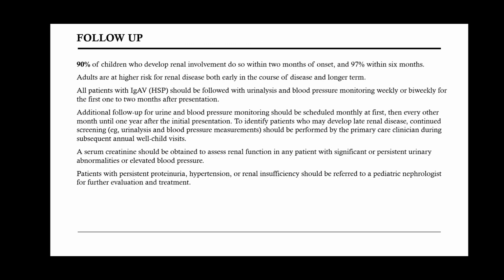Patients with persistent proteinuria, hypertension, or renal insufficiency should be referred to a pediatric nephrologist for further evaluation and treatment. Pregnant women with a history of IgA vasculitis HSP should be monitored closely as they have a higher risk of hypertension.